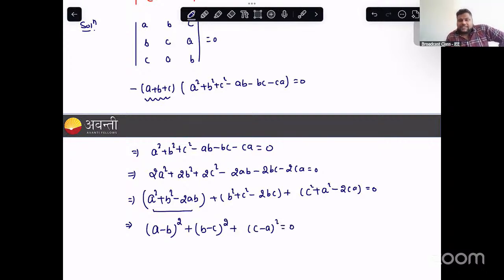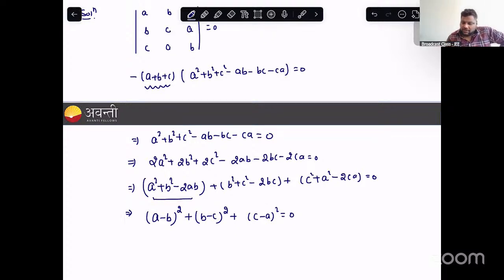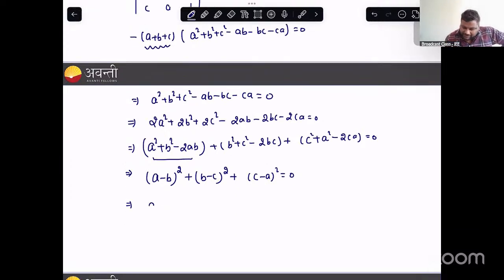Now if this is 0, what does it mean? This implies A equals to B equals to C, only then it can happen.